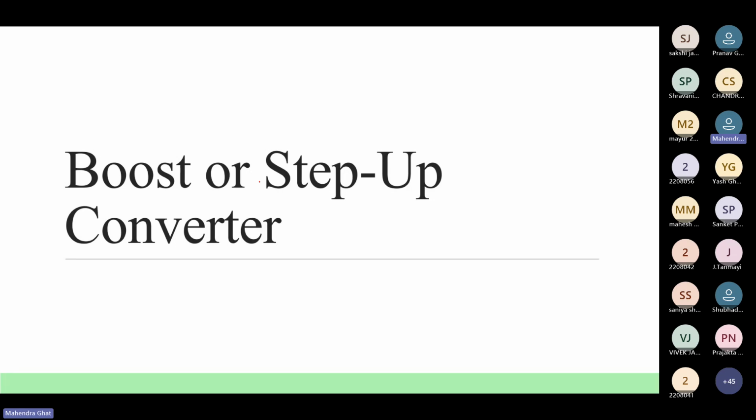How much greater we can get, we will come to know from the equation. But theoretically we should get infinite output voltage by varying the duty. That is the criterion for the boost converter.